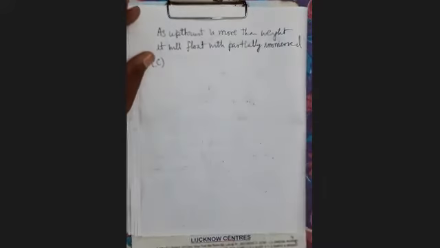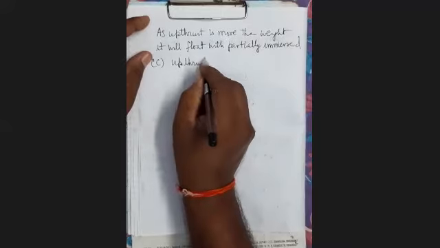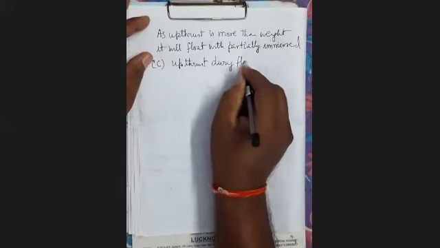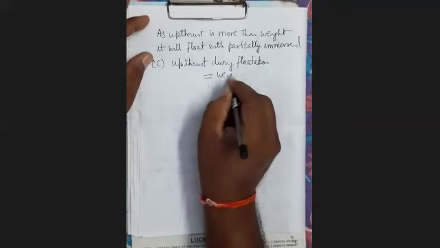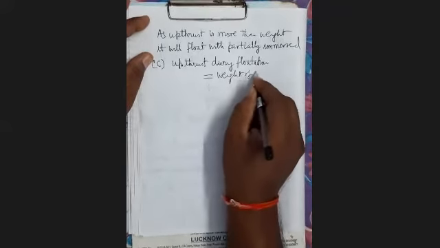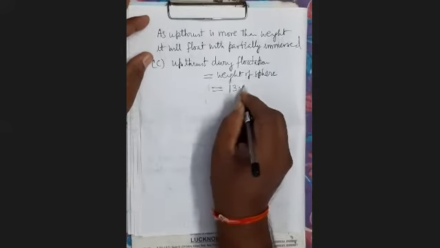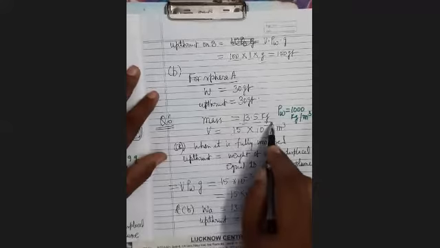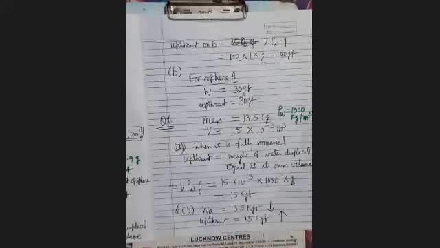So upthrust during flotation equals weight of the block. And what is weight of the block? 13.5 kgf. Already you have written here. Mass is 13.5 kg. Therefore, weight will be 13.5 kgf. It's clear.